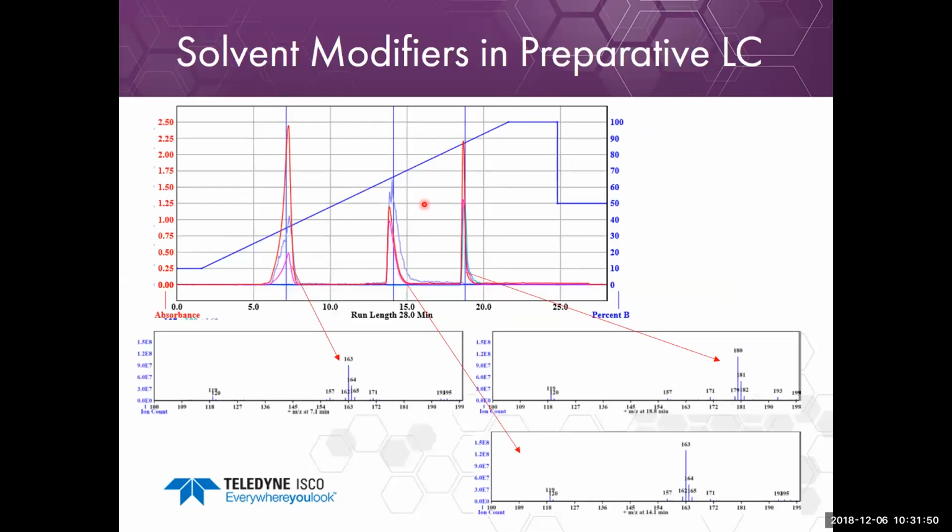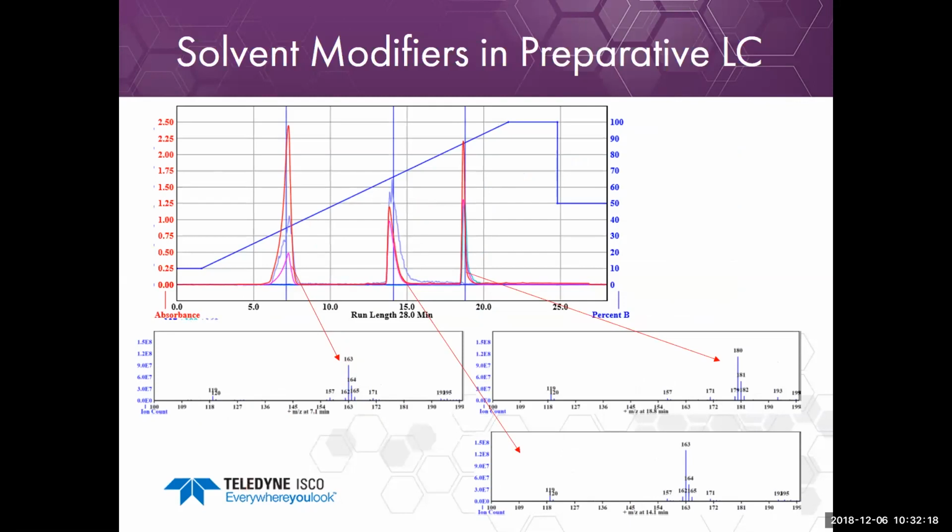We have a PurIon mass spectrometer that we can hook up to our AccuPrep or EasyPrep, and it allows us to look at the masses and collect compounds based on mass. What I see is I have a first peak that comes out. It has a mass of 163. I have another peak with a mass of 180. There happens to be nicotine and acridine.